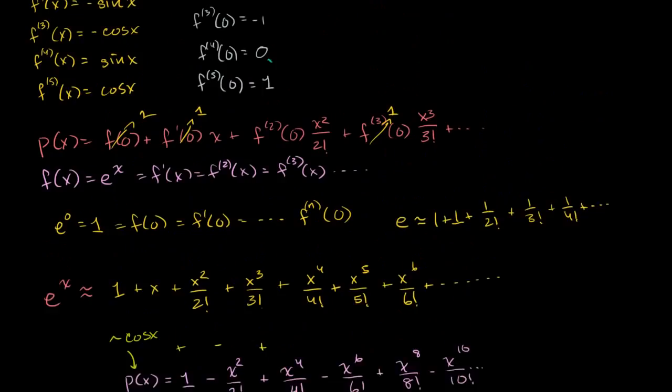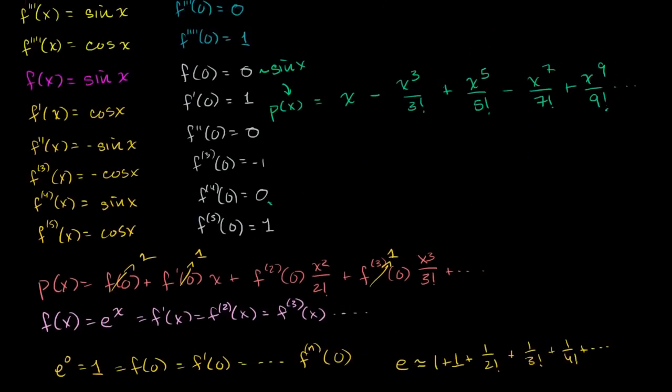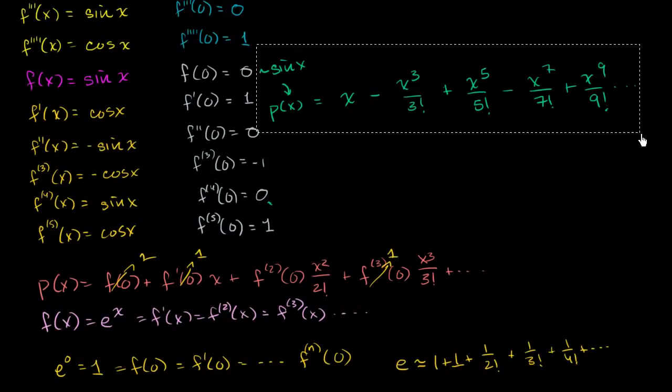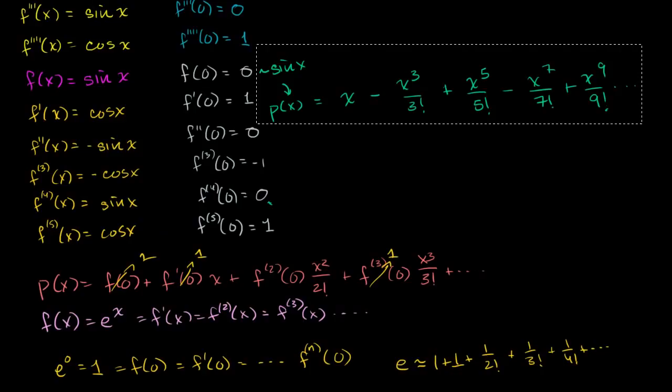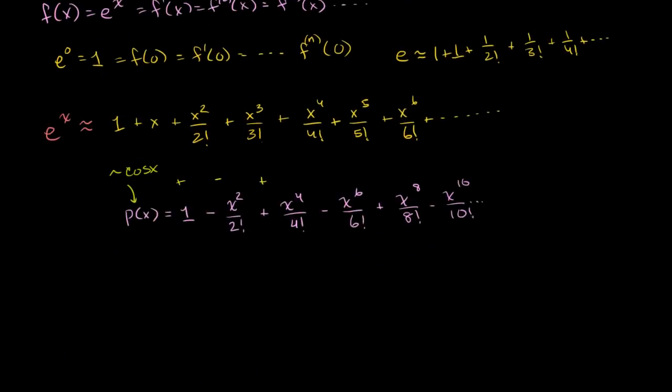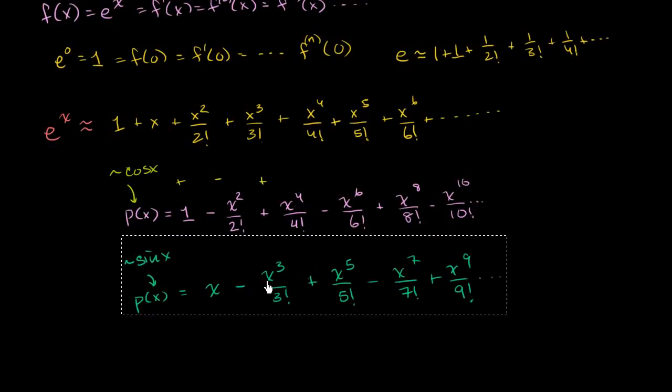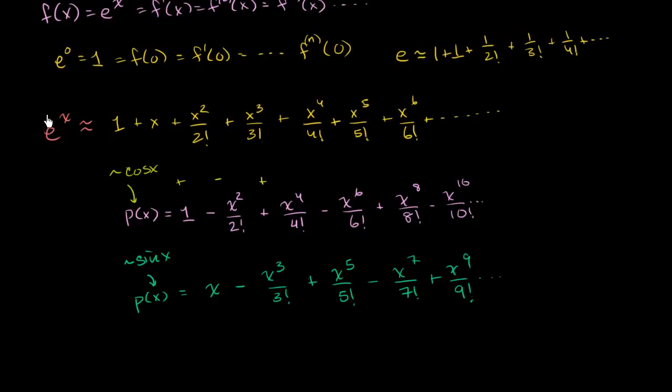And let's do the same thing for the sine of x that we did last video. Let me copy and paste that. So do we see any relationship between these approximations?